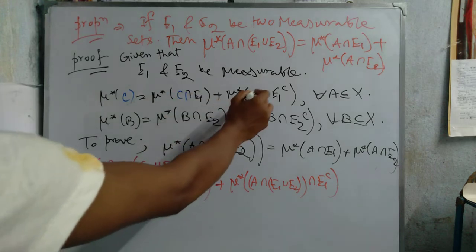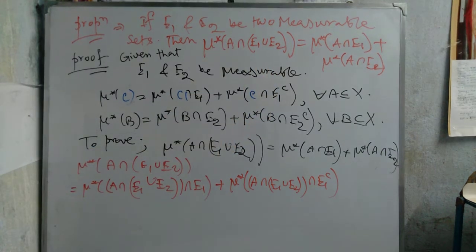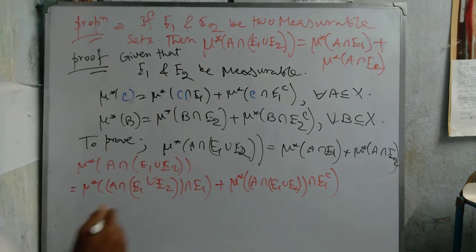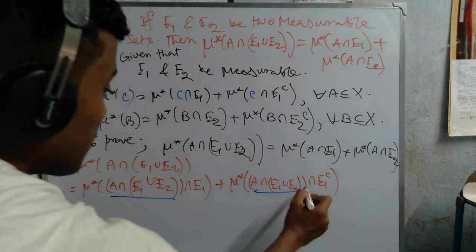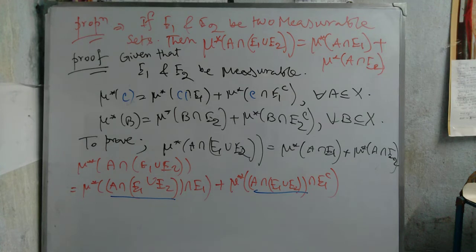So here this one is C. Understand? So this one is right, then we write this one. Now we also develop it further.